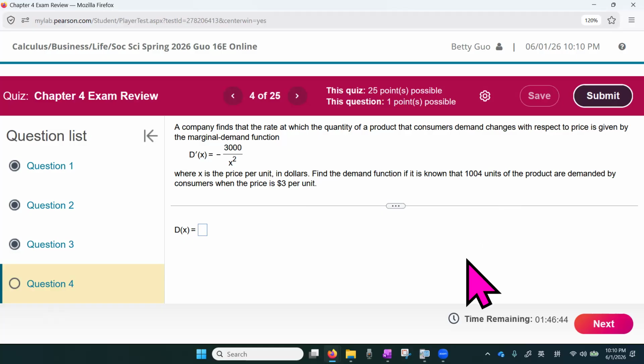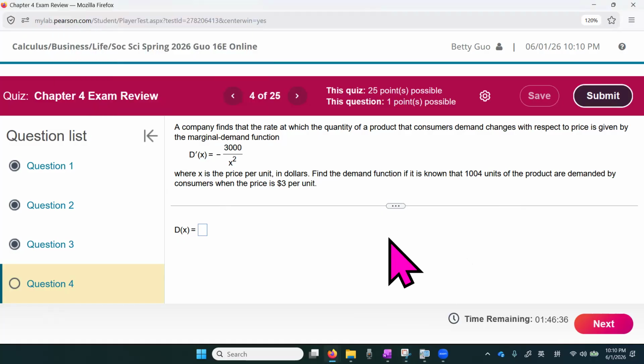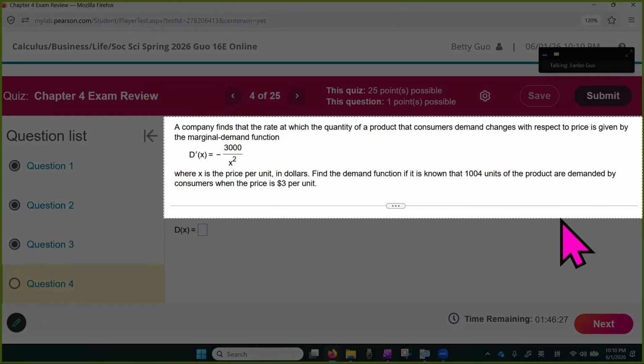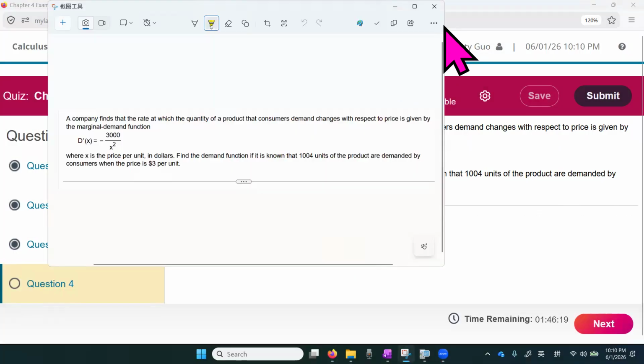Okay, so to solve this problem, our goal is to find D of x, right?